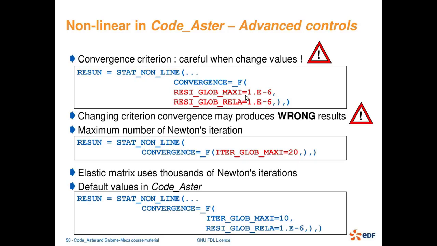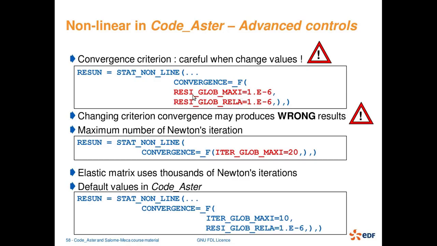Okay. But while reducing the convergence acceptable value, we have to be careful that it may produce wrong results. You have to carefully look into the results, whether they are physically meaningful or not, if you change this. And secondly, if I supply only one parameter, then it will check only that parameter.